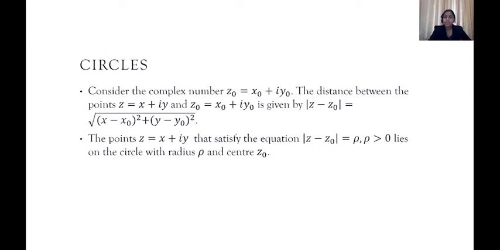Modulus of z minus z dot gives us the distance between the two points. So if I take any point z, and its distance to z dot always remains a constant value, then clearly we get a circle whose radius is rho and whose center is z dot. So let's see a figure, which will be more helpful.